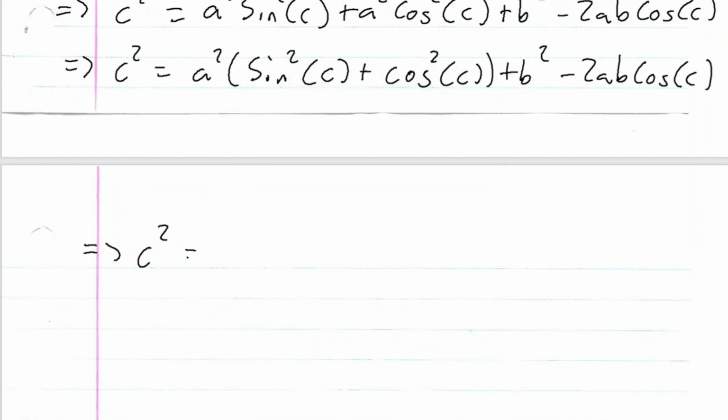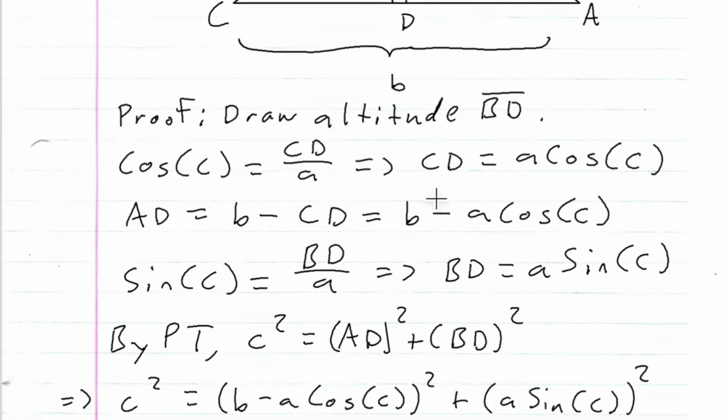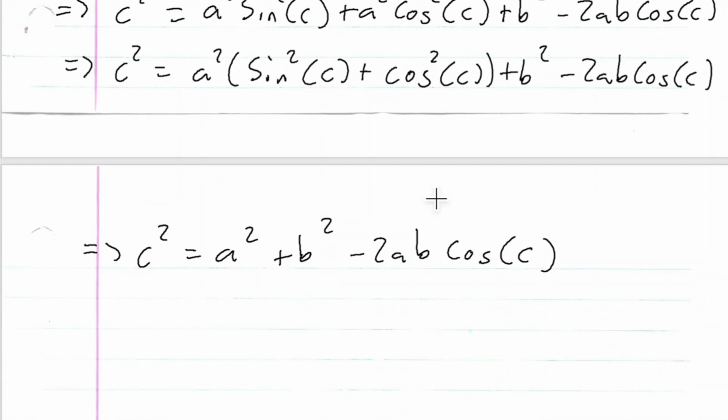So c squared is equal to a squared plus b squared minus 2ab cosine of C, which is exactly what I wanted to prove. I wanted to prove that c squared is equal to a squared plus b squared minus 2ab cosine C. So that is the proof.